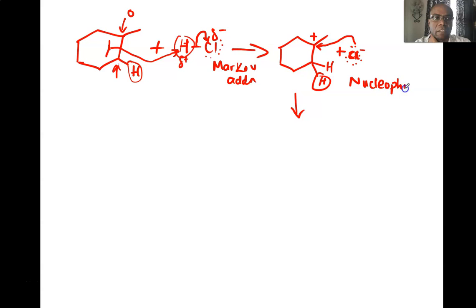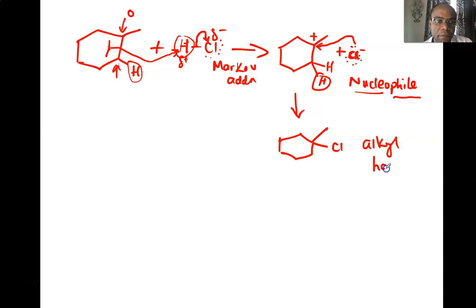Nucleophiles attack positive centers. They like positive centers. Nucleus of an atom is positively charged. Phile is just loving. So the negatively charged species will love to attack the positive center. So you end up with an alkyl halide, which comes from the Markovnikov reaction. Notice that this is a tertiary carbocation.